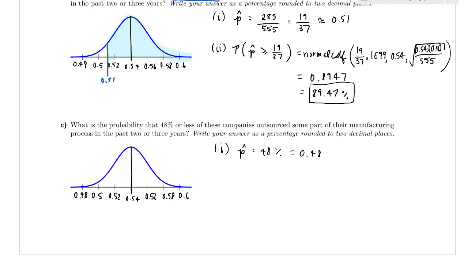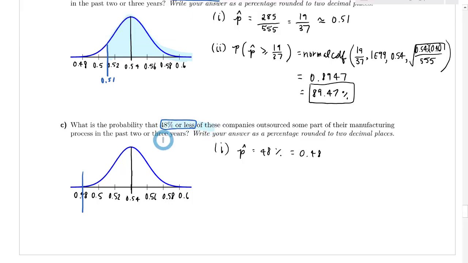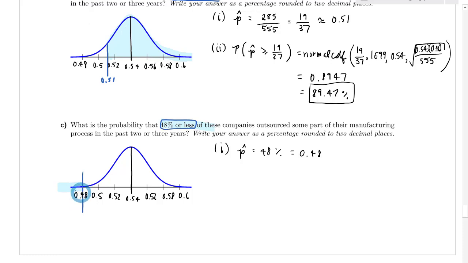So notice 0.48 here is exactly 3 standard deviations away. And we're looking for 48% or less. So that is area to the left or to the right? Less would be to the left. And we could see that it's going to be really small, a tail. Now, some of you could already tell what it is, but we can go ahead and put it in the calculator anyways.